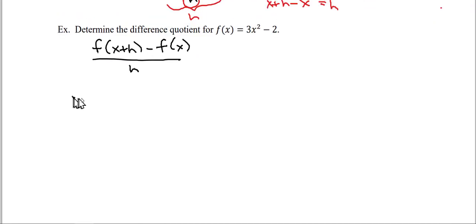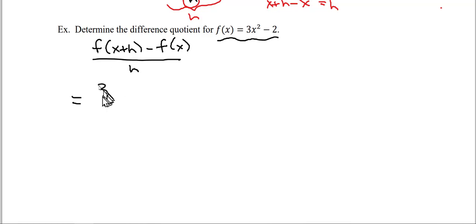That is going to equal, okay, what do we mean when we say f of x plus h? Remember the smiley face? Everywhere you see an x in the original function, you need to replace it with whatever is inside the parentheses. In this case, x plus h.